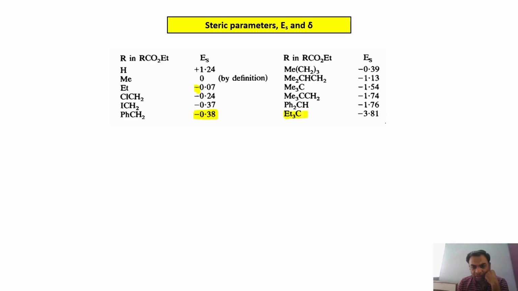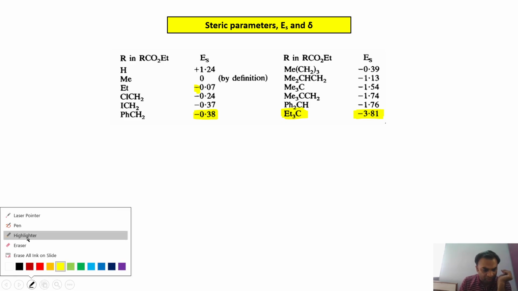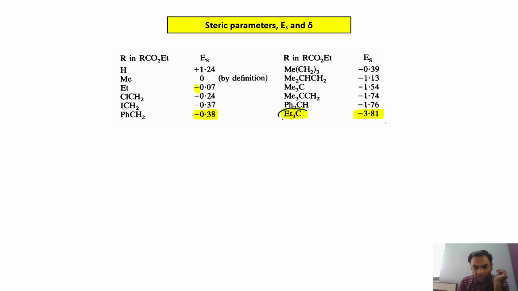So this triethyl group has a very high negative value of ES, indicating that this group causes more steric crowding compared to all these. So, the more negative the value of ES, the more steric effect is caused by that particular group.